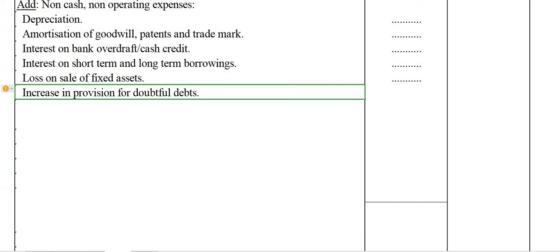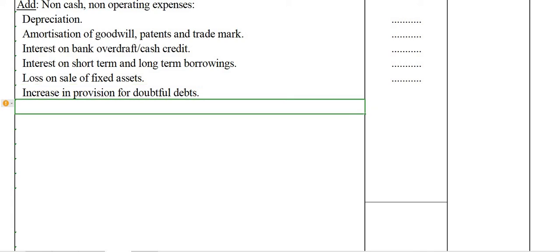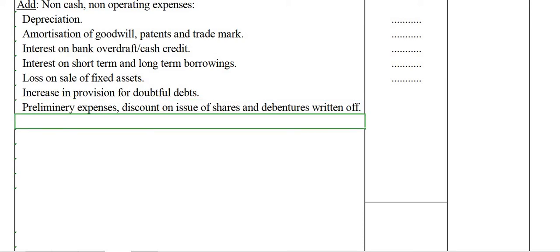Now it became 8,000, created this year. So how much is the increase? 3,000 is the increase. That difference we have to take here. Then another item, preliminary expenses written off, discount on issue of shares or debentures written off, etc. will be taken.